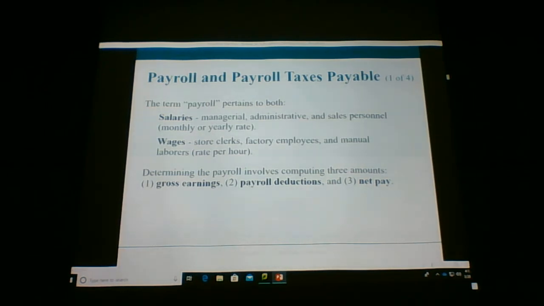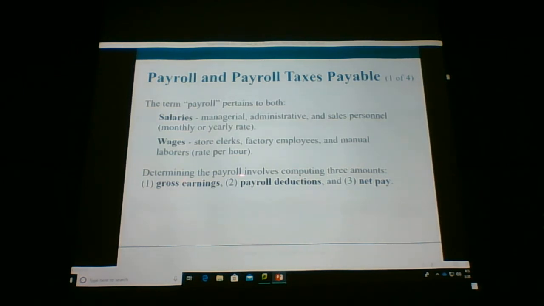Oftentimes they work quite a bit. Wages, on the other hand, are usually calculated on a per hour basis. However, as they pertain to payroll, it really doesn't matter which we're talking about because they represent liabilities on the part of the company until they are actually paid. Okay?